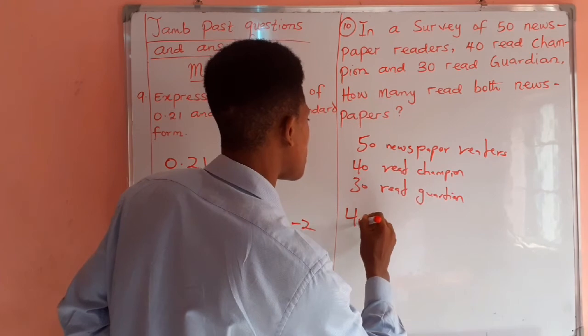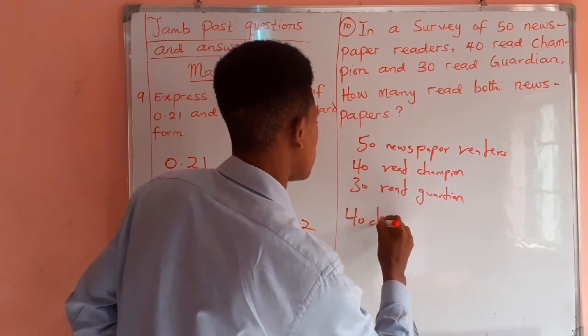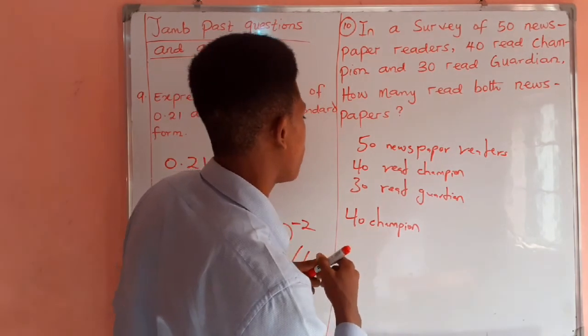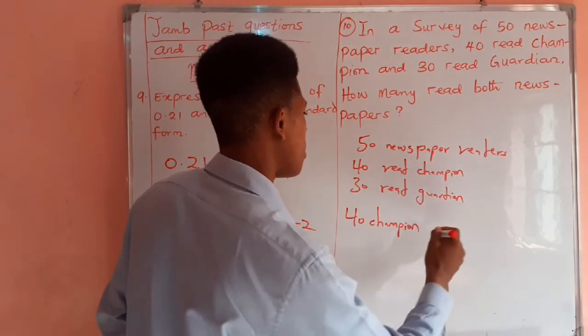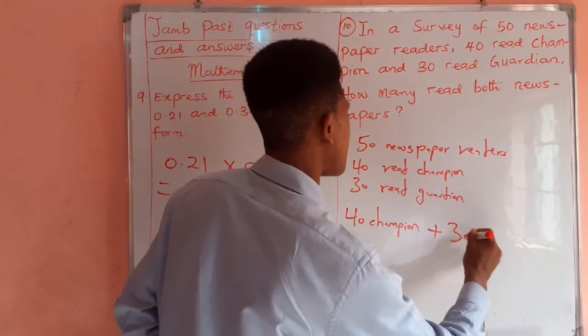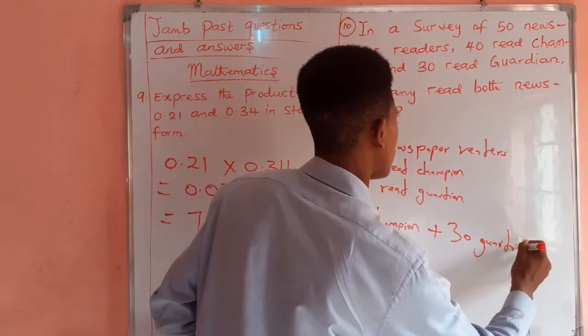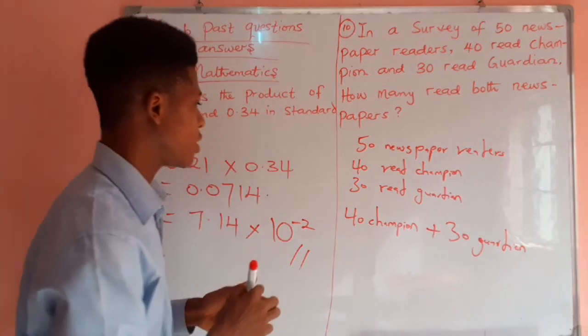So 40 Champion newspapers plus 30 Guardian.